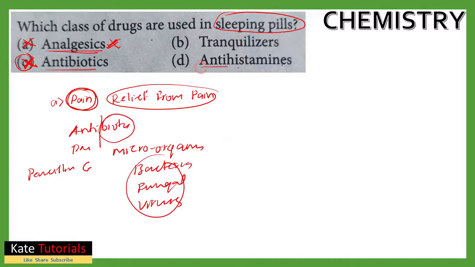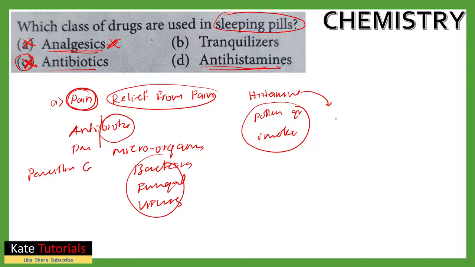Talking about antihistamines, right? Whenever we smell pollen grains or some smoke or dust, some people will be very sensitive. Histamine binds to the receptor and they find breathing problem. So to get rid of it, we add some drugs that will initially go and bind to this receptor.